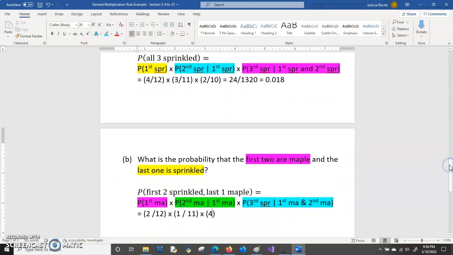So we'll work this out. Multiply all the numerators, that comes out to 8. Multiply the denominators, that's 1320 again. It comes out to about 0.006. Alright. Next video we'll cover section 5.5.